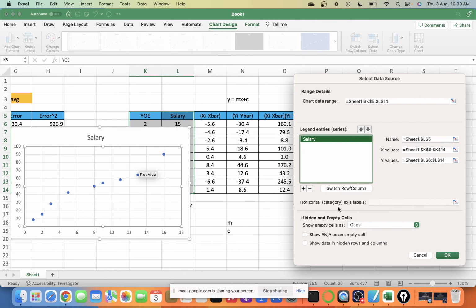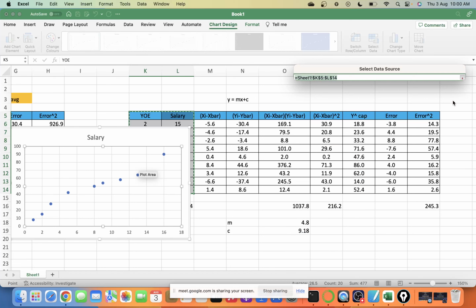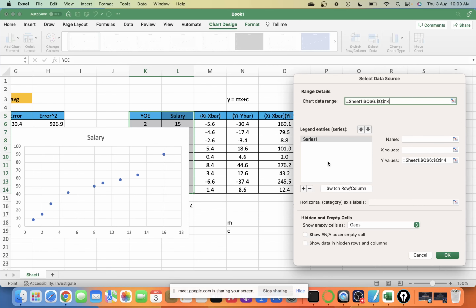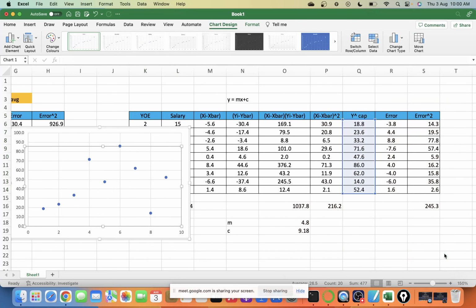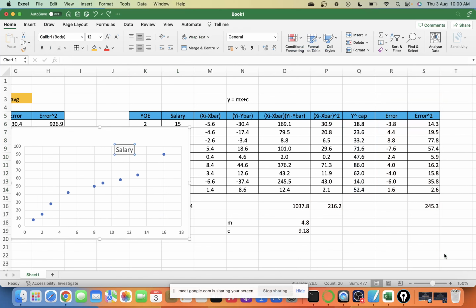Now let's add one more axis level. Let's see what happens. It's better.